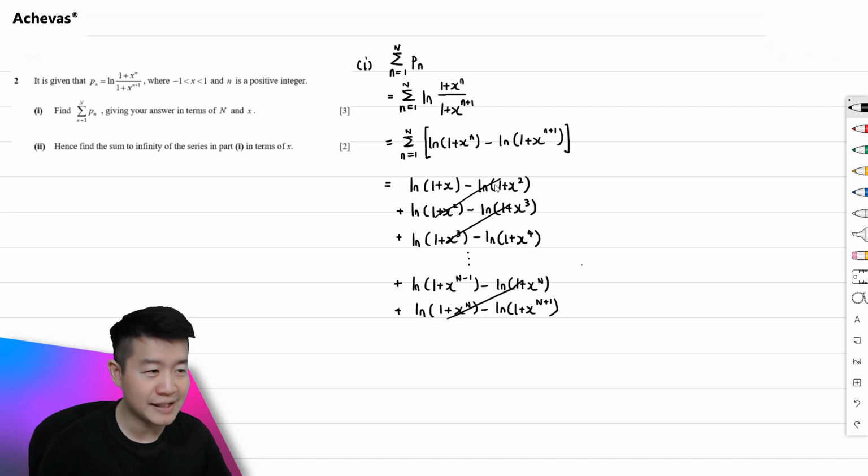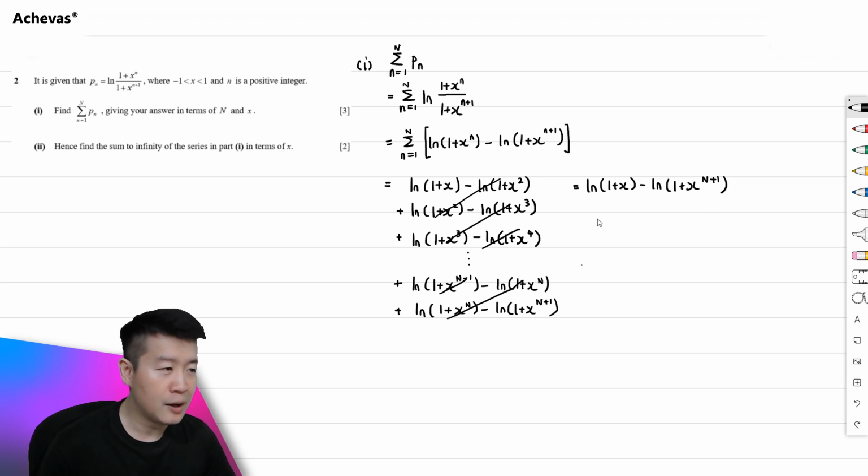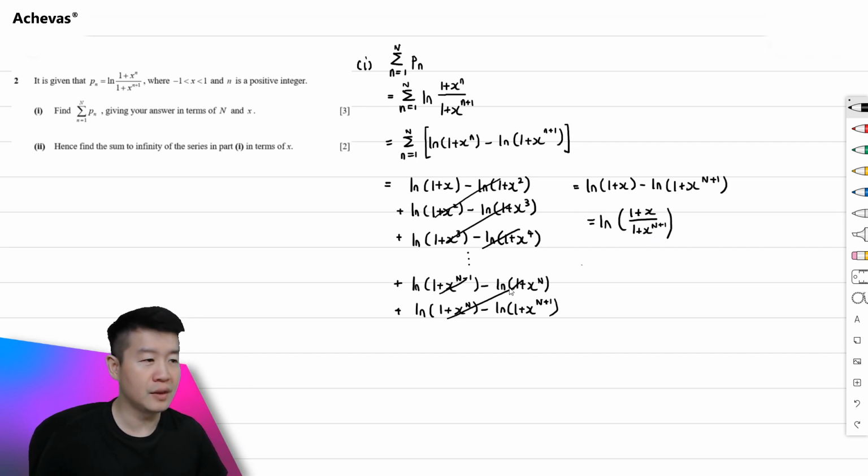And we do notice the same pattern of cancellation, which hints to us that in between they will all be cancelled in the same way. So this will leave us with ln of 1 plus x minus ln of 1 plus x to the power of N plus 1. It is not necessary, but I guess we can still combine this together to become ln of (1 plus x) divided by (1 plus x to the power of N plus 1). Okay, this is part 1.